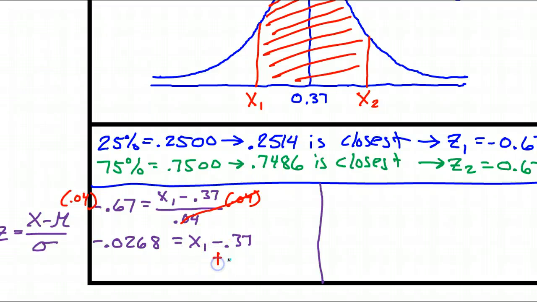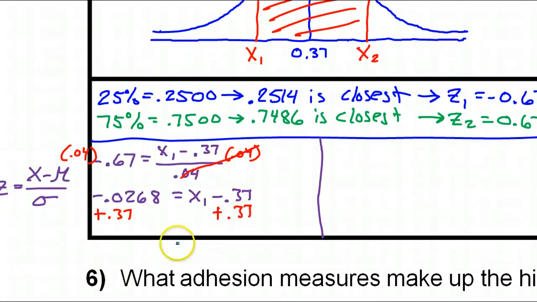Alright, so we need to add 0.37 to both sides. So, plus 0.37. That's giving me 0.3432.